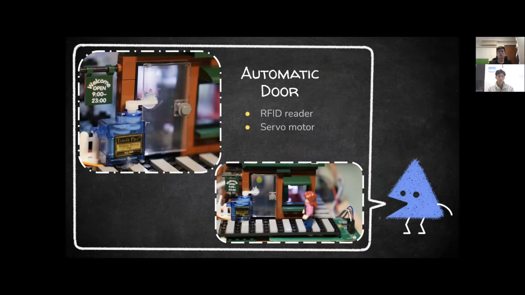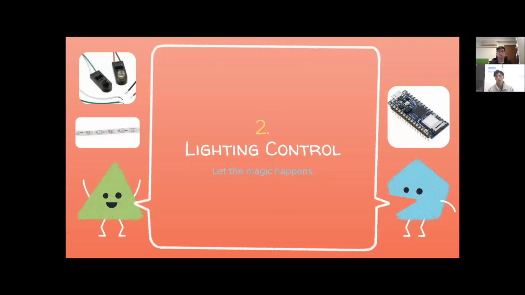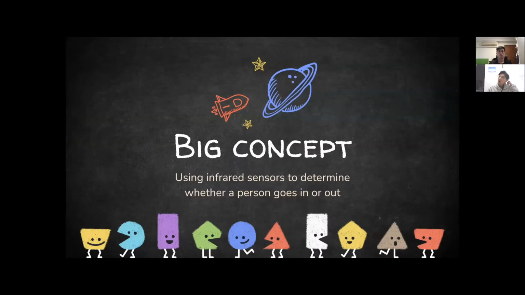Let's talk about the next one, the light control. For the light control, we assume the house has two rooms.